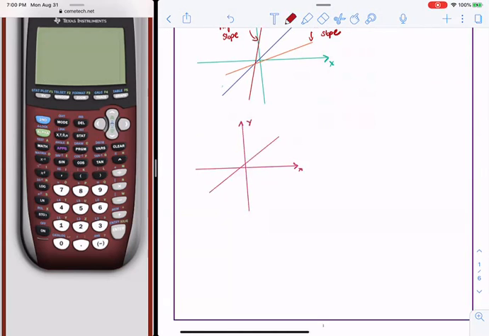So I'm going to pick some values here: 0, 1, 2, -1, -2. Let's just say that that is 3. That is 5. Now, what is happening to the value of y as x is changing?